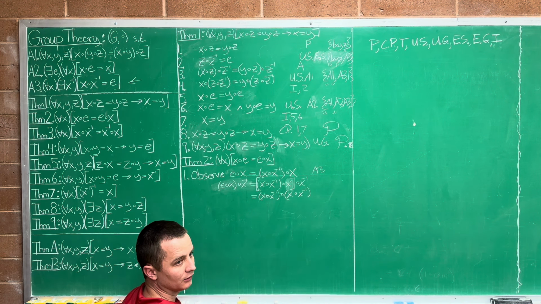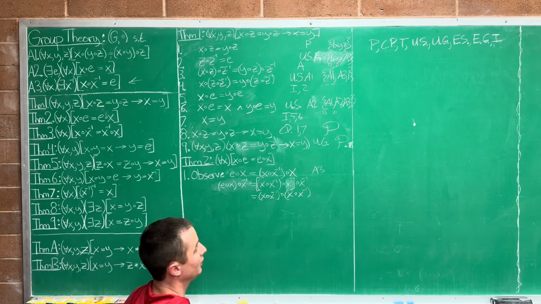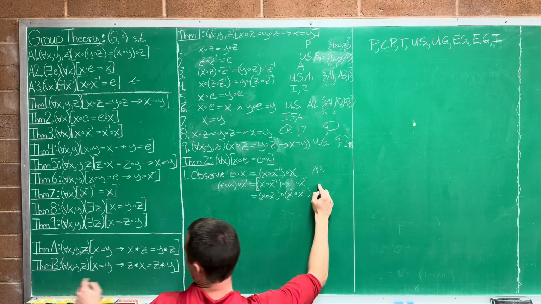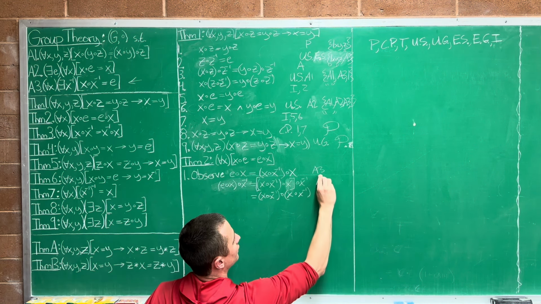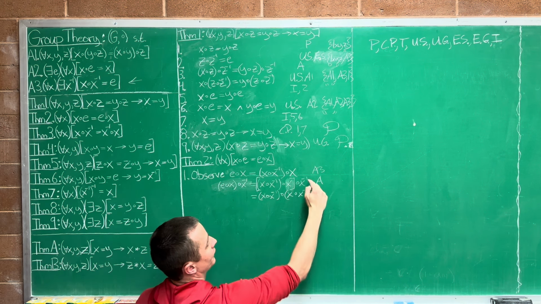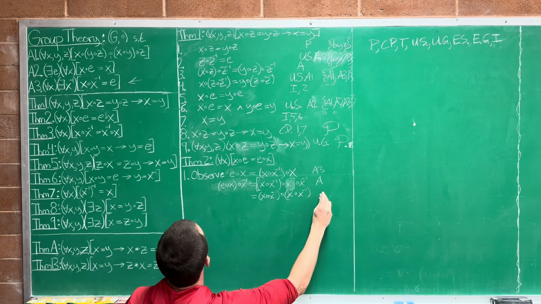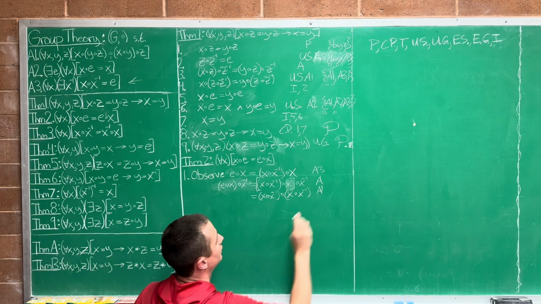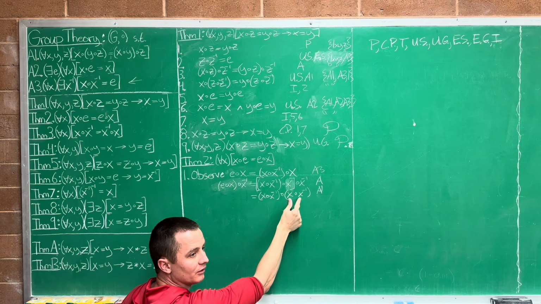You with me? So going from here to here, what did we use? We used Theorem A. That was just using logic, saying I could do the same thing to both sides. Going from here to here is using associativity, which is A1, which is axiom 1.